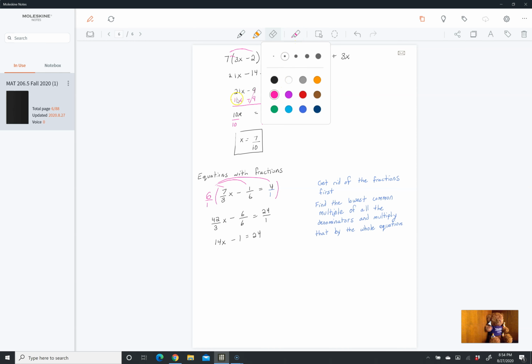We don't have to do anything with the 14x because our x's are already on one side of the equation. So we're just going to move this 1 over and we get 14x is equal to 25. And we divide both sides by 14.